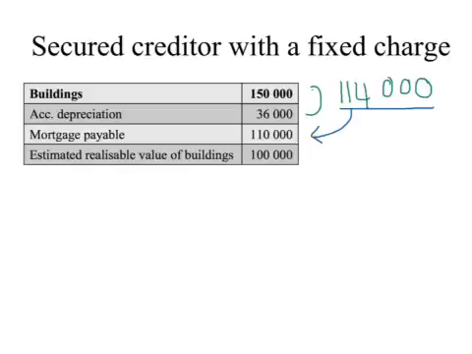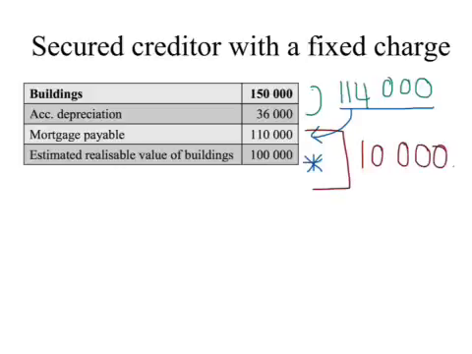We know our estimated realizable value of the building is $100,000, so there's no surplus to be included as part of the realization of the assets for the liquidator to take into account. However, if the building is realized for a value of $100,000, we'll see that there's still an amount that is owed to the mortgage holder of $10,000.